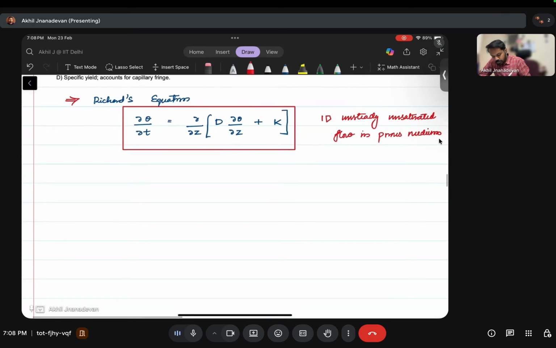So what Philip did is, he used the concept of infinite series to solve this particular differential equation, and then he truncated the series to the first two terms.